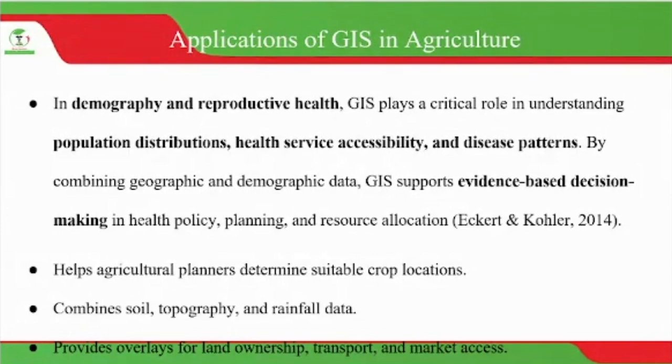In this GIS, you're able to understand how population distributions impact service delivery and disease patterns. So if you have your population distributions in this GIS, then you're able to predict, or analyze specifically, how the disease patterns are in your area.